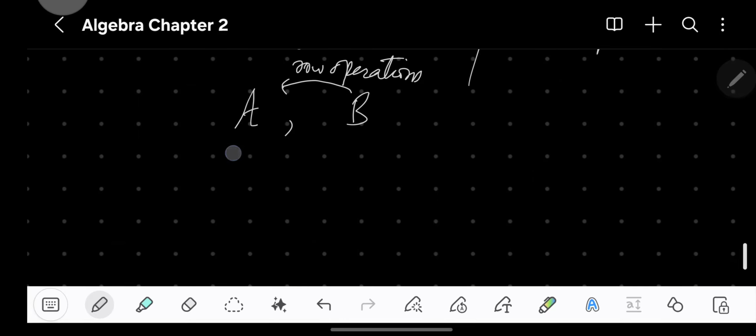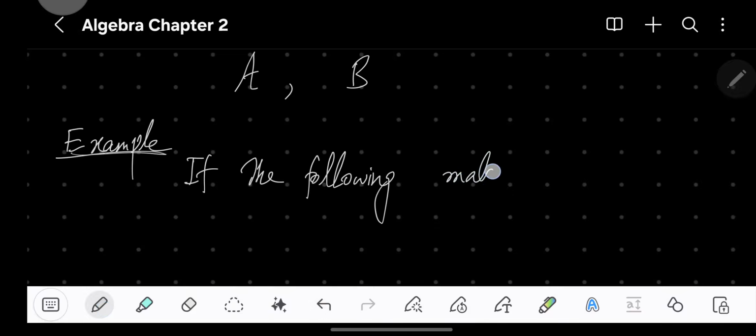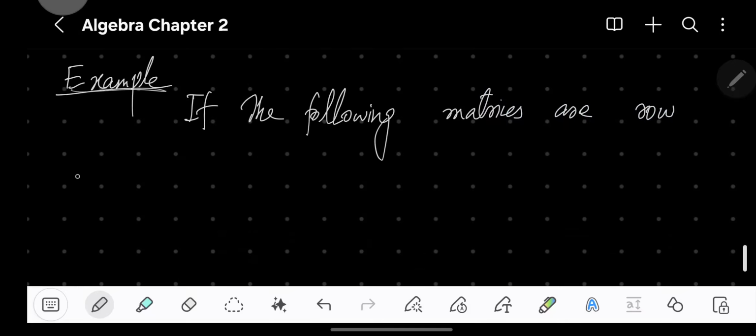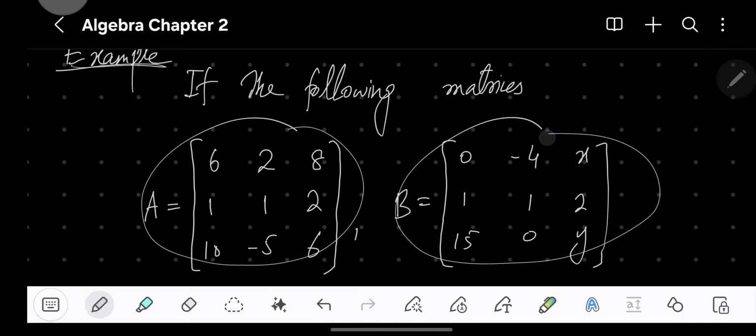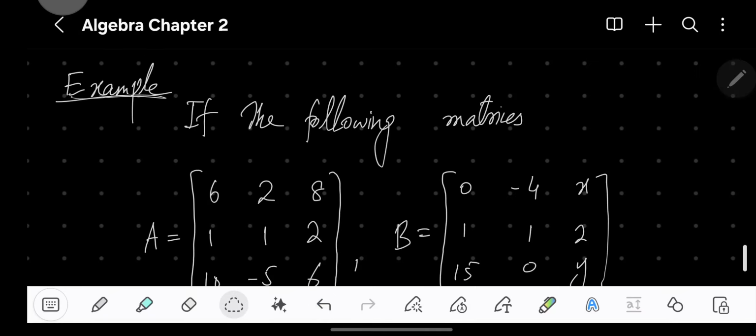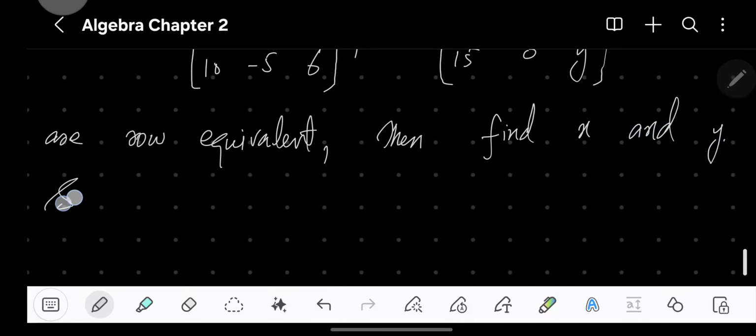Here is an example. If the following matrices are row equivalent, let's say the matrices are A is equal to this and B is equal to this, then find X and Y. Here is the solution.